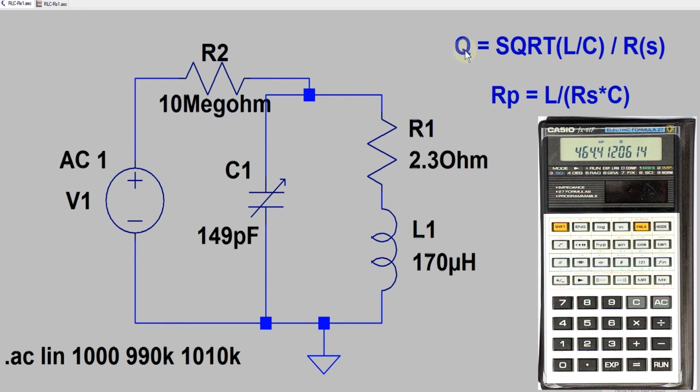So with this formula, if we know L and C, which is usually known, and if we know the total loss resistance in series to the inductor, then we simply can calculate the Q factor.